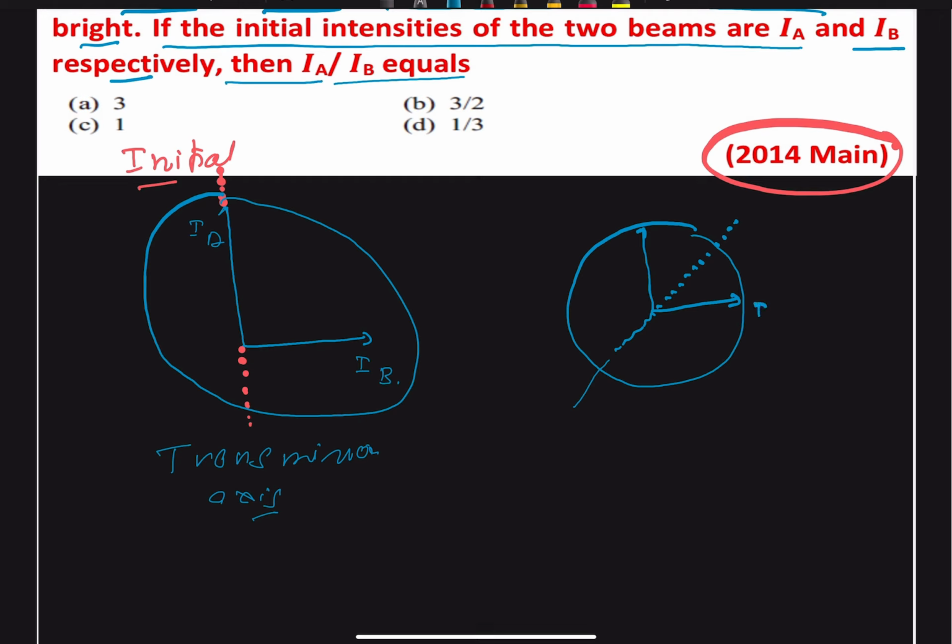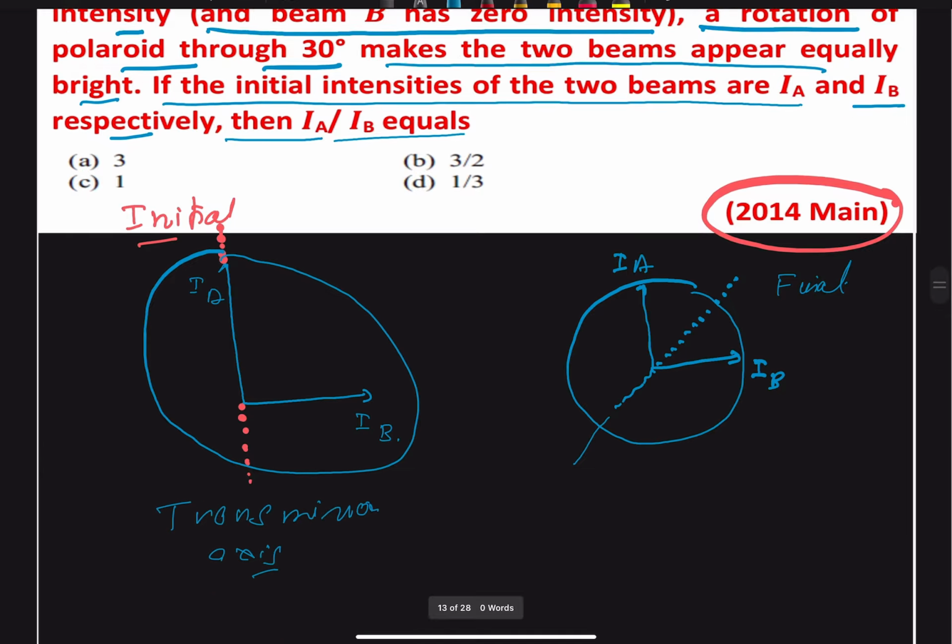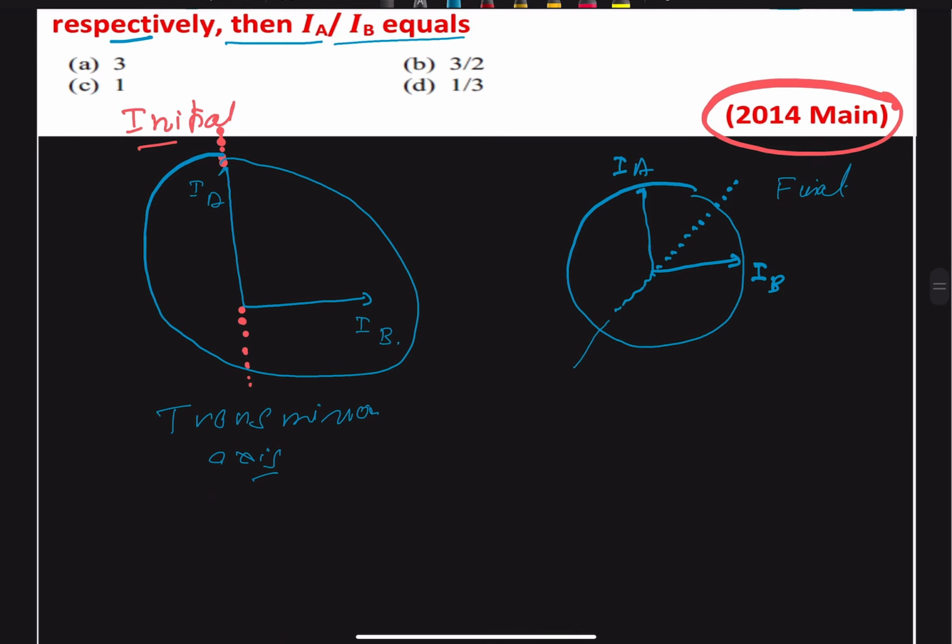This is our IB and this is our IA, and this is our final position. And it is said that there is a rotation of 30°. So it is not the beam but the polarized axis that is rotated through 30°.